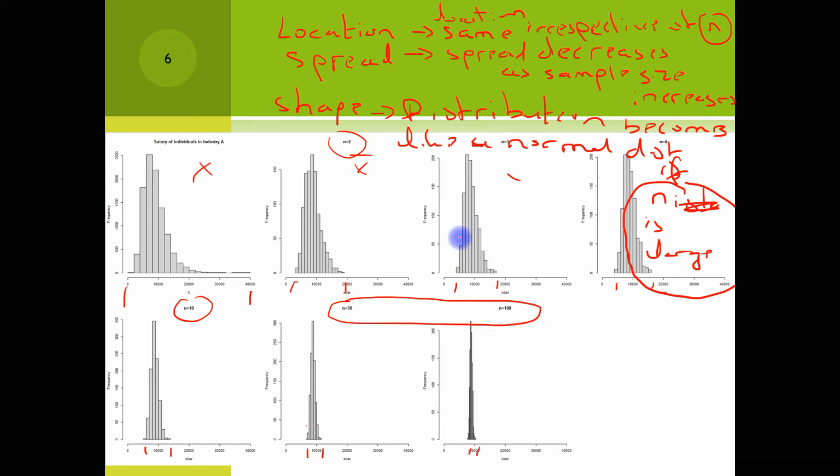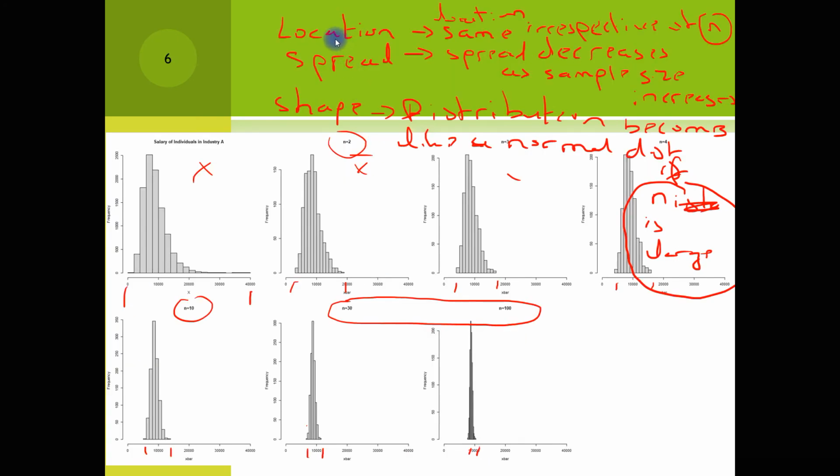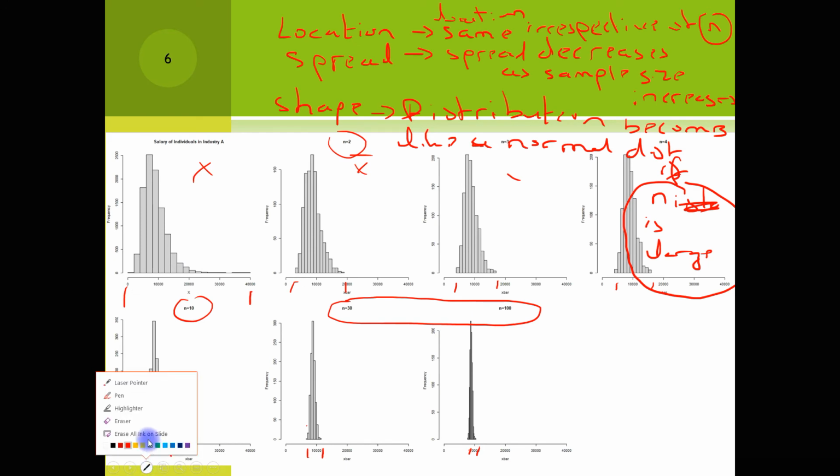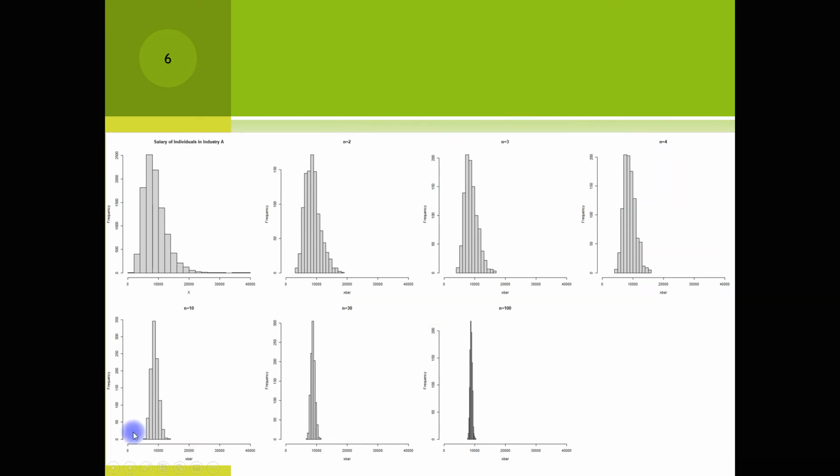Now, how do we summarize all these into a simple explanation? To summarize, let me explain that on a different slide. We have seen that the location does not change irrespective of the sample size. If you look at the location here, it was close to 1000.